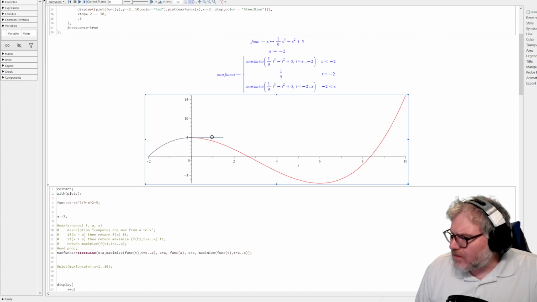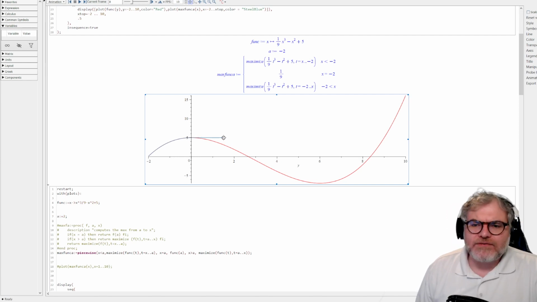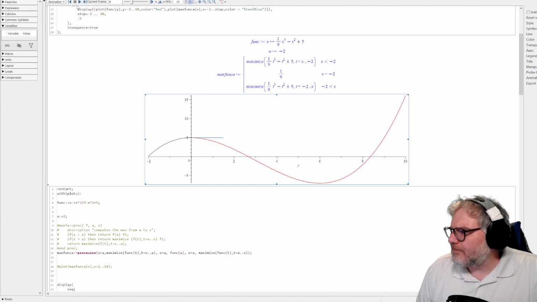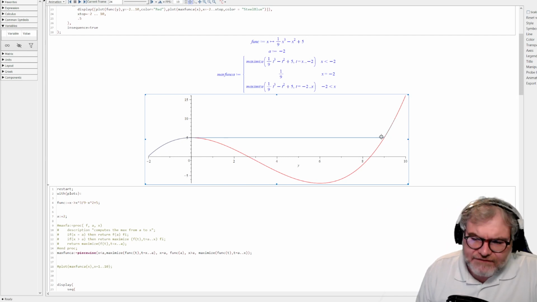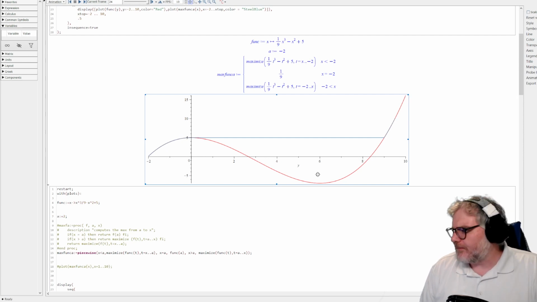So my max remains above. And then I hit play again, and my max remains above until I get here to this function. And then I go past my y equals 5. So my max function begins to trace the function again. Because the function is increasing, I stay up.